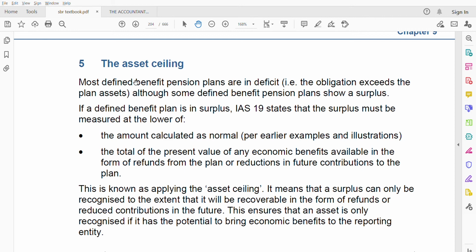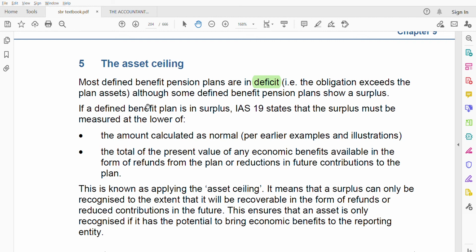Most defined benefit pension plans are in deficit. That means the obligation is more than the plan asset. Although some defined benefit pension plans show a surplus.